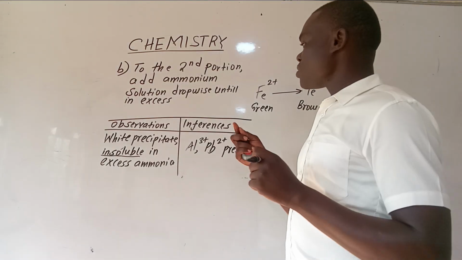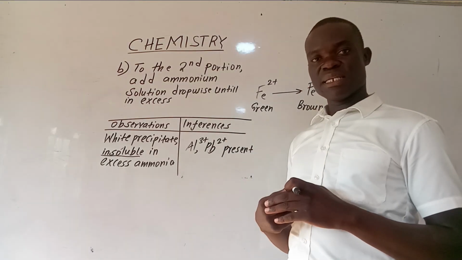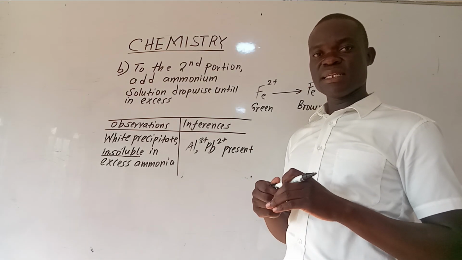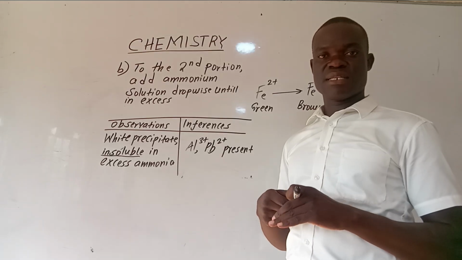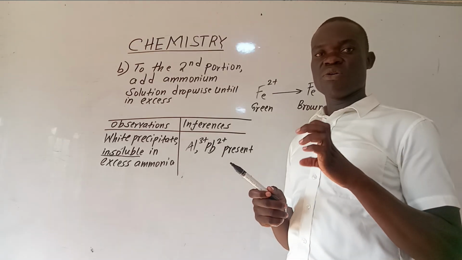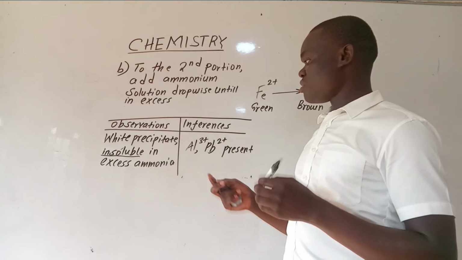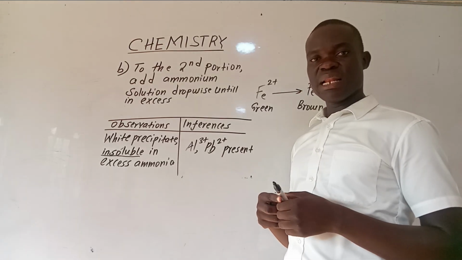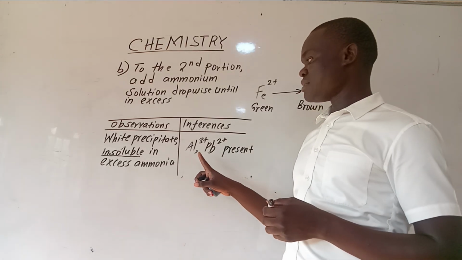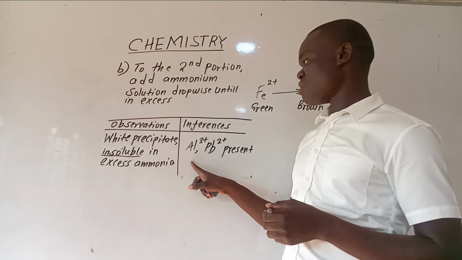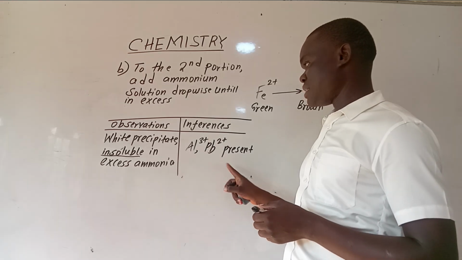So do not write zinc absent. I say we are discouraged from giving negative answers. So we dwell on positive answers. So instead of writing zinc absent, that will earn you 0 mark, just write aluminium, comma, lead present.